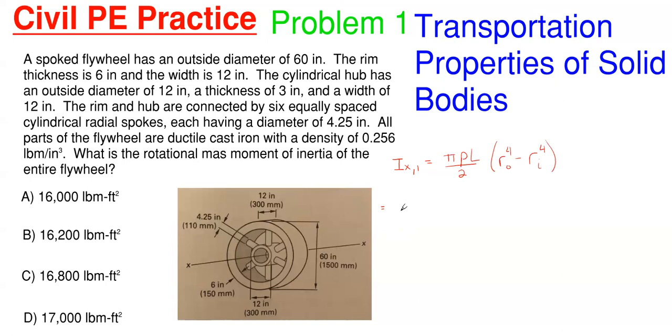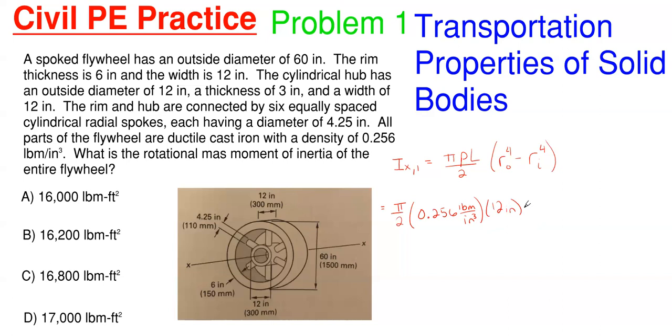We have to do our mass moment of inertia. So I'm going to take pi over 2 times our density, which is 0.256 pound mass per inch cubed, times our length, which is 12 inches because we are 12 inches thick, given by this dimension here. Then I'm going to do my outer and inner radius.